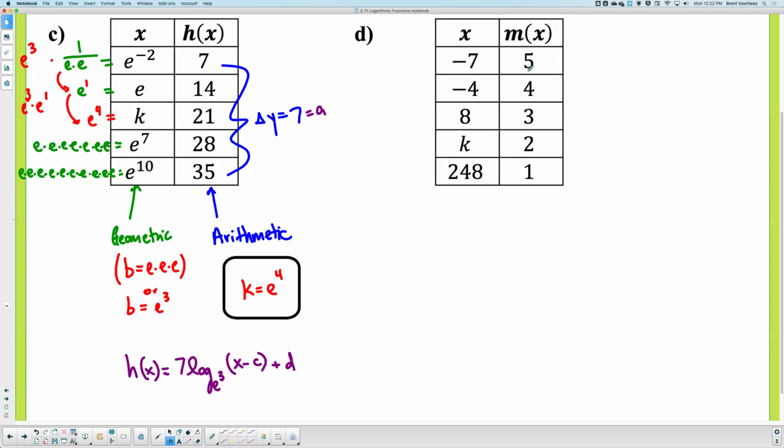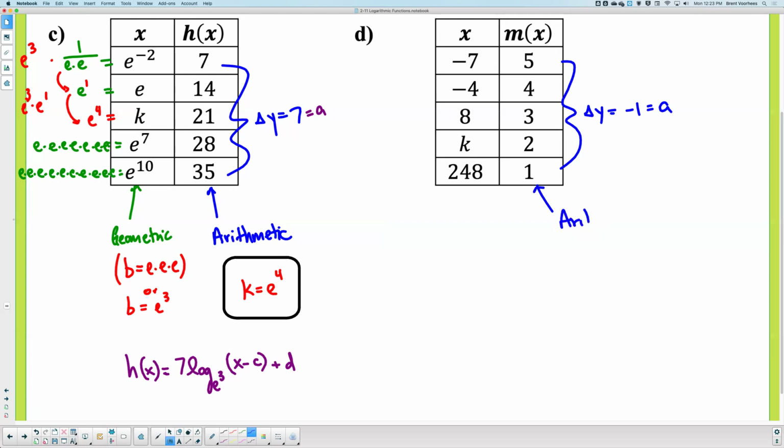Kevin, what do you notice when you look at this column here? It's decreasing by how much? It's decreasing by 1, which is our a value. Would we call this arithmetic or geometric? Miguel, if it's always adding, or in this case, always subtracting, do you call it arithmetic or geometric?